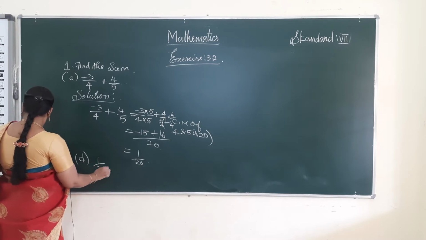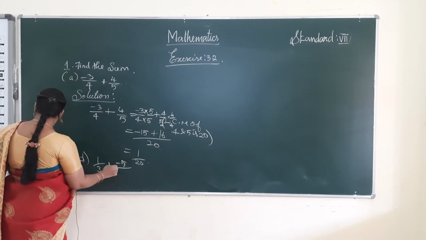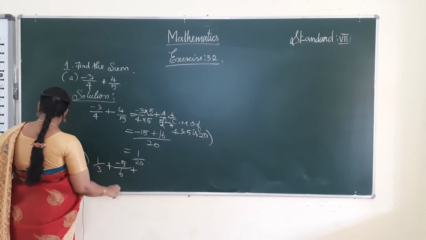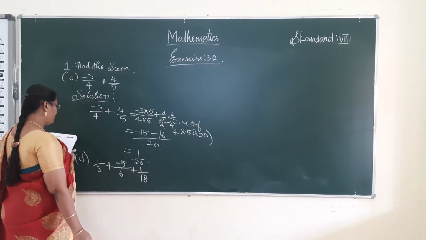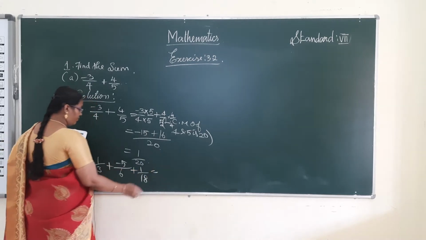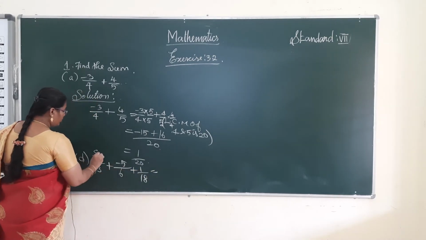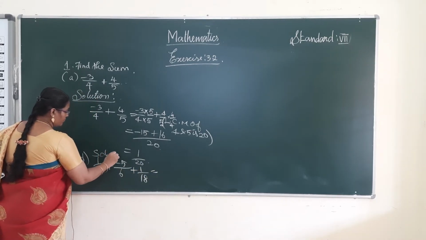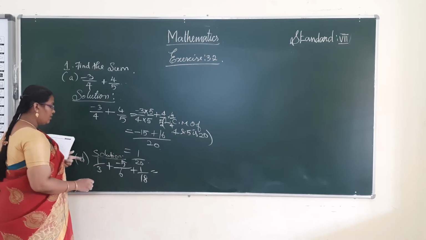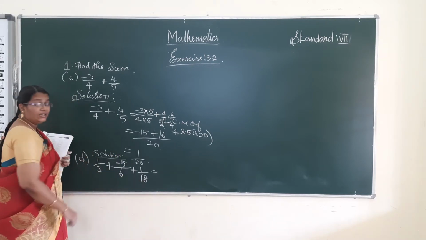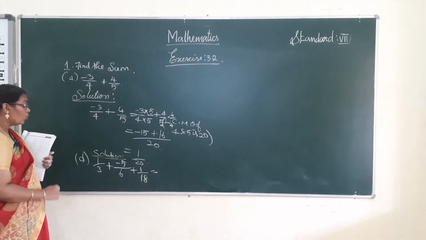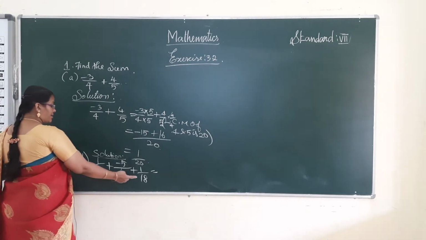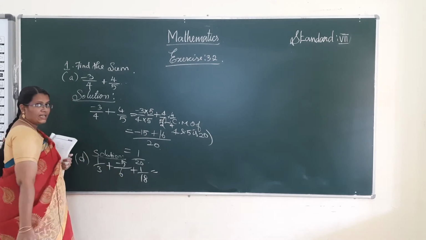1 by 3 plus minus 5 by 6 plus 1 by 18. Okay, so directly write the solution. Here the denominators are different, so in this case you should find out the LCM. What is the LCM of 3, 6, 18? 18 is the LCM.